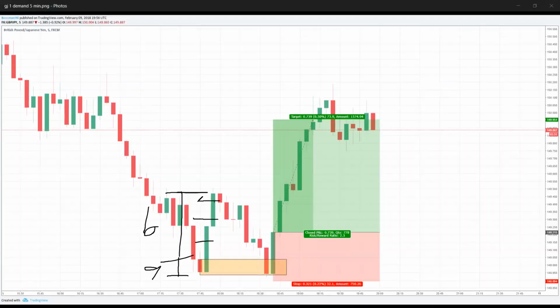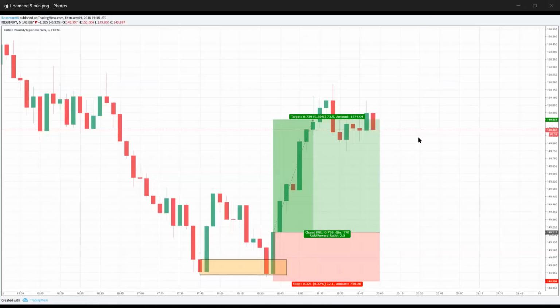So that's more than three times the size of the zone, because this is a zone. So when price comes back, this to me is a valid zone, because I already drew it because of that. Don't worry, we'll go through some chart time to see what I'm talking about.